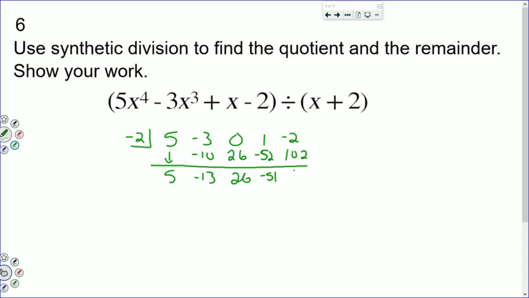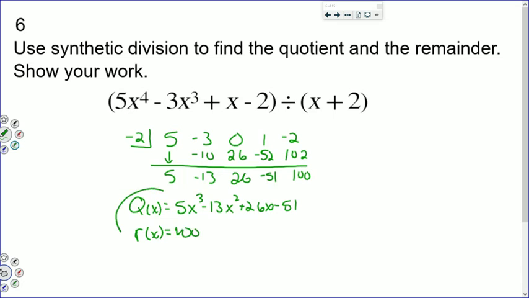Plus negative 2 is 100. So our quotient, q of x, would be 5x cubed minus 13x squared plus 26x minus 51. And our remainder is 100. Those are our answers if we're trying to use synthetic division to do this problem. On to the next problem.